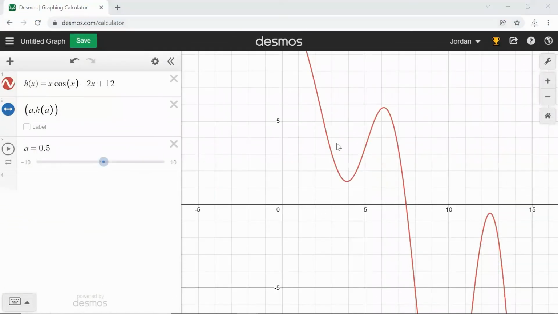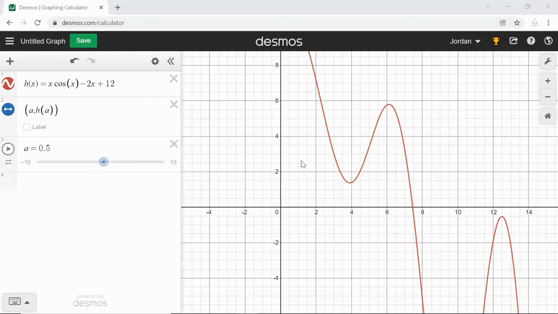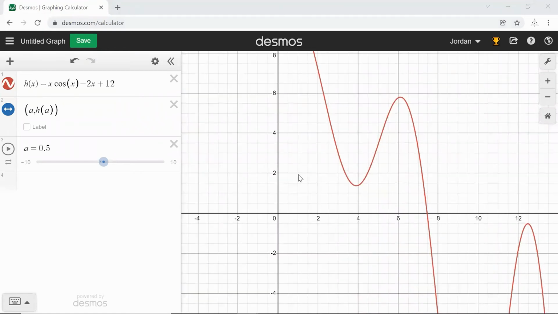So here's what's going on graphically. We started at a place at positive 1. And I just want you to notice that at positive 1, that is before our root, but there's sort of a dip in between our root and the positive 1 where we started.